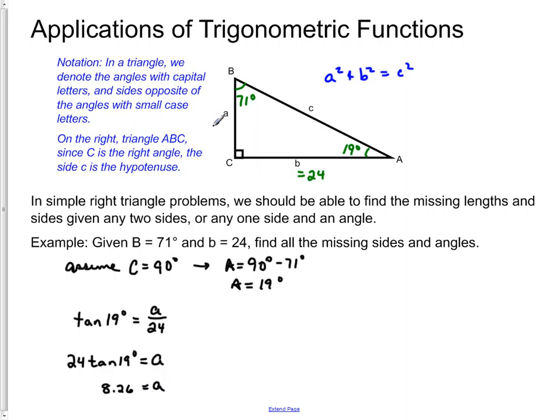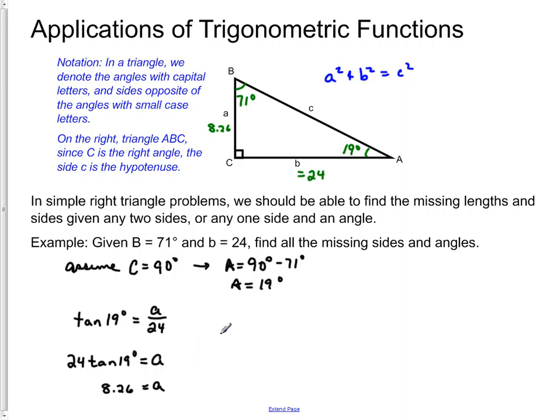Now, I could go a couple of different ways right here. One way would be to employ my Pythagorean theorem directly, substitute in the numbers and work out what I get. But just by way of illustration, I'm going to show you that we can also do a couple of other things.